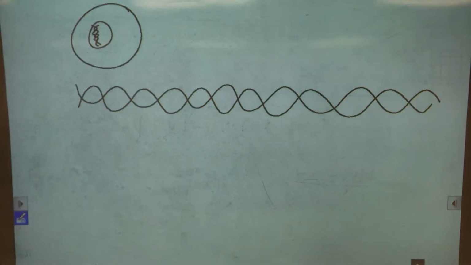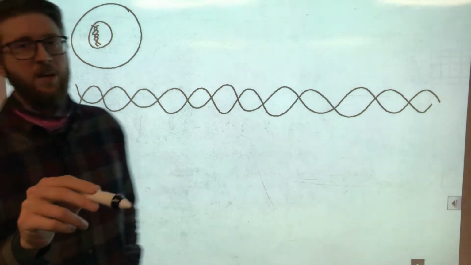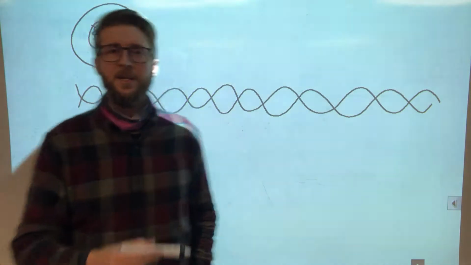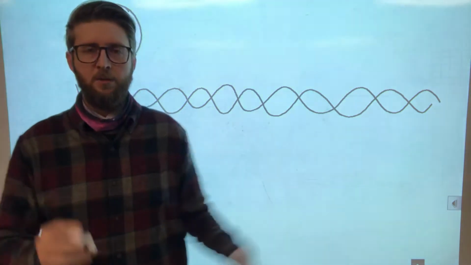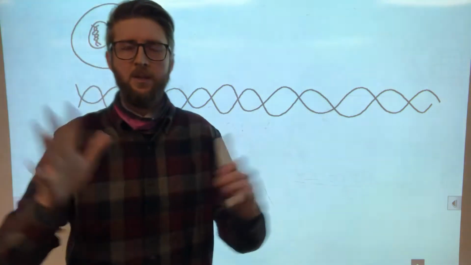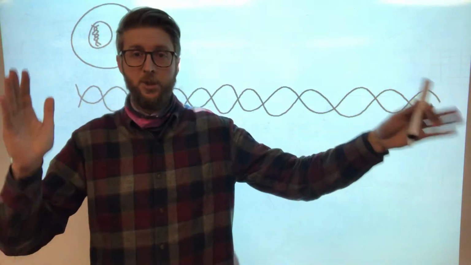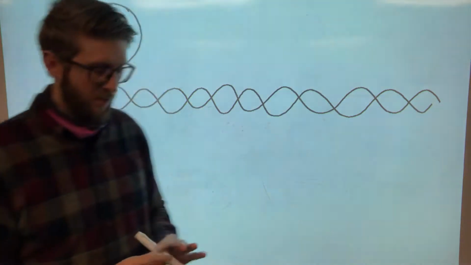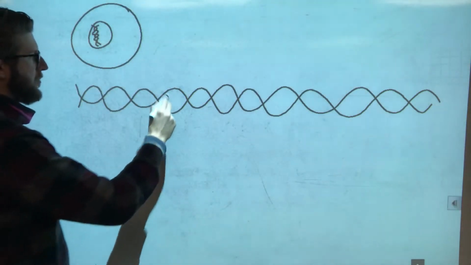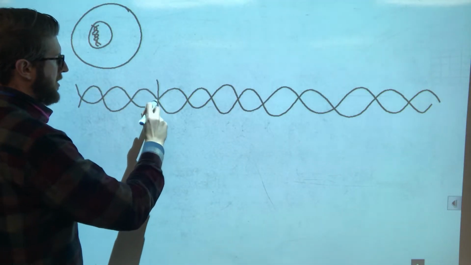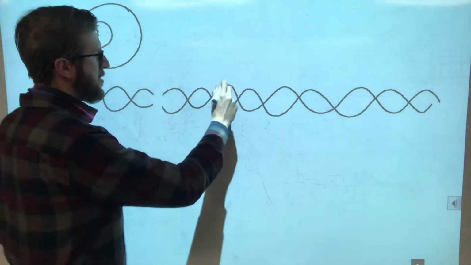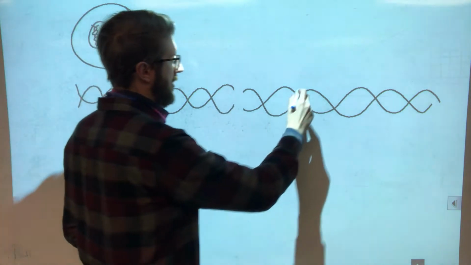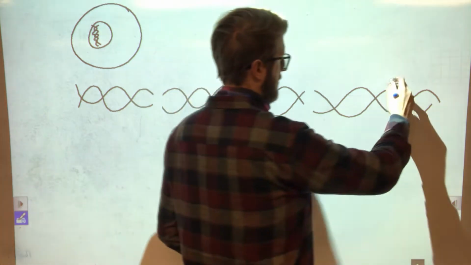And as we have talked about in the past, it's not actually one long string. Remember, people think that your DNA is one long strand, but it's actually broken up into 46 smaller chunks that we call chromosomes.